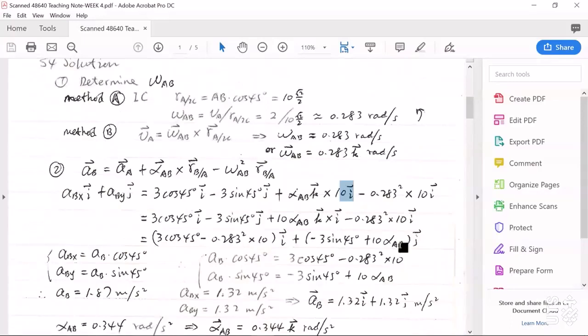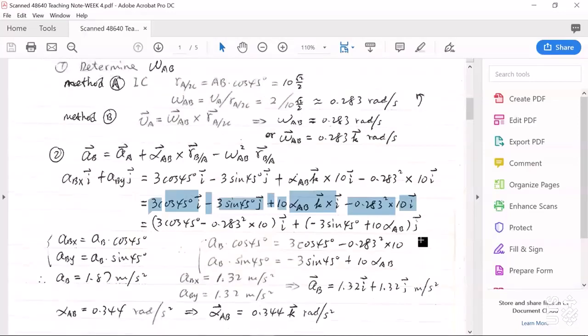Okay, now we do vector calculations on the right side, from here to here. And then we combine all items before i along X direction. We combine all items before j along Y direction.